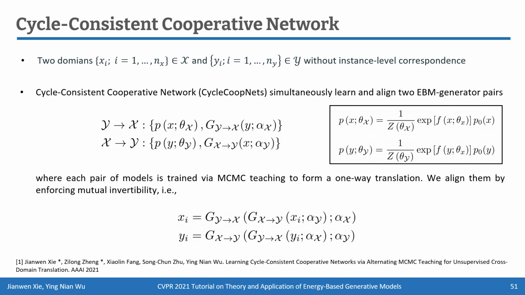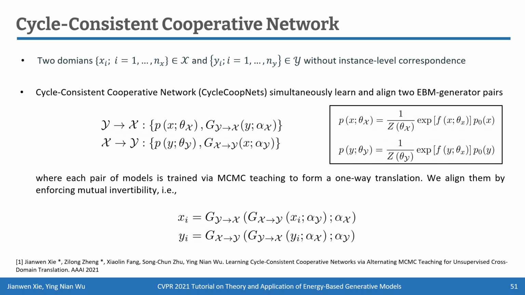The cycle-consistent cooperative network simultaneously learns and aligns two cooperative networks. Each contains an EBM and a generator for one direction of translation. We take the direction from Y to X as an example.